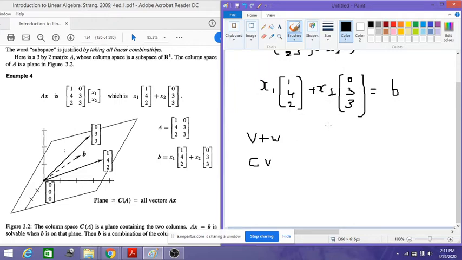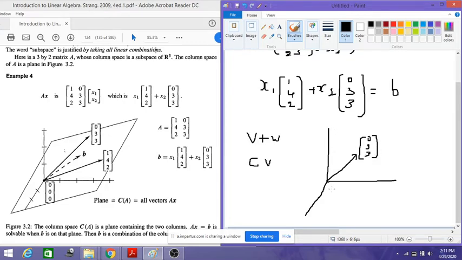If you draw a plane here, something like this, the three-dimensional plane, then the vector 0 3 3 will come here somewhere.